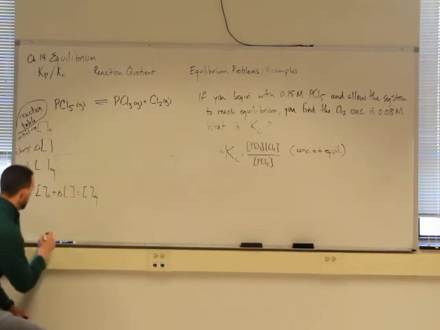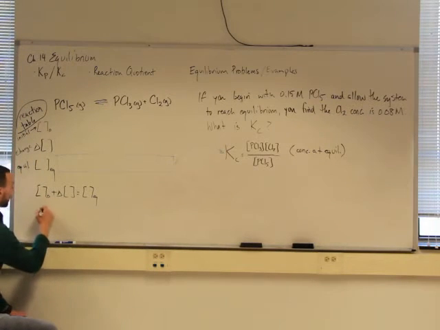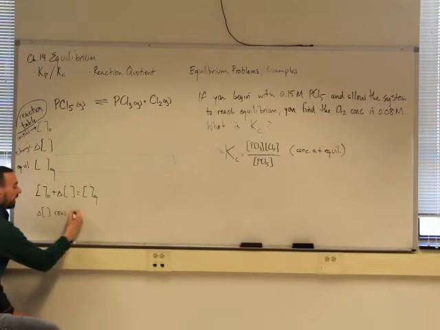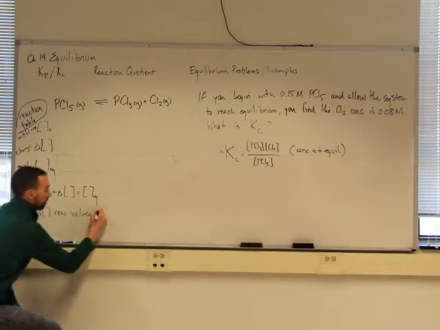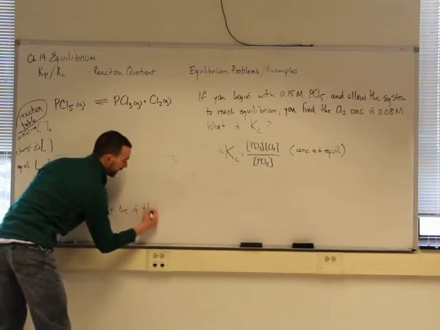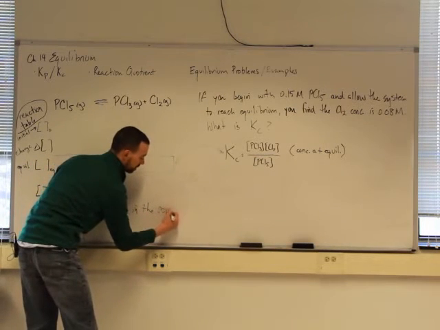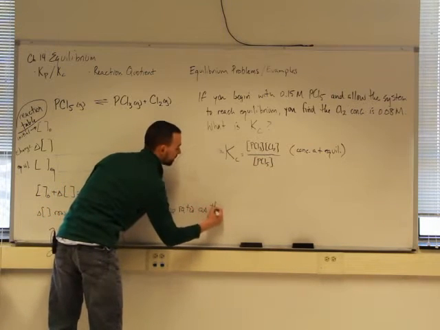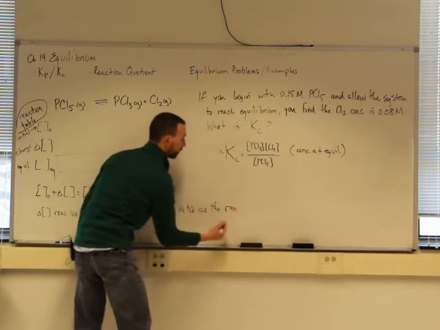The other thing to keep in mind that's very important is that the delta concentration row values must be in the same ratio as the reaction coefficients.